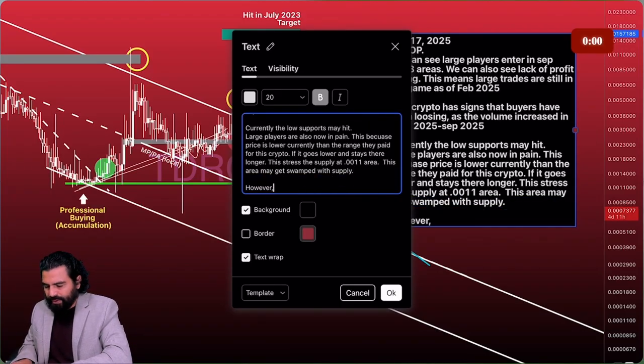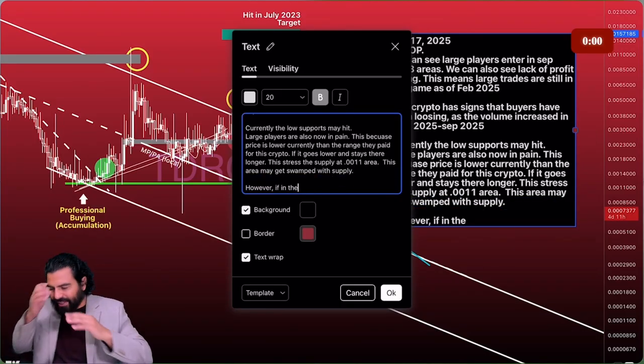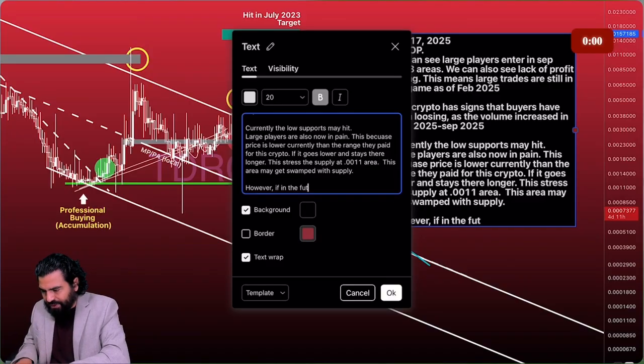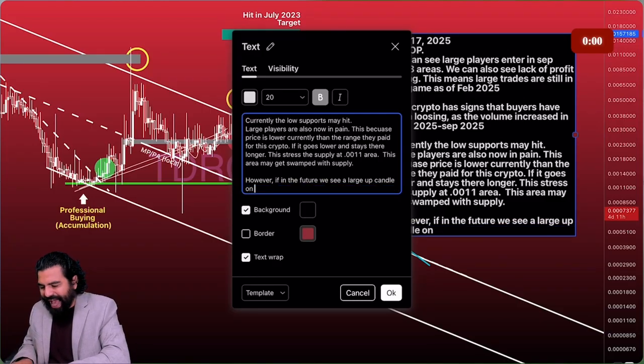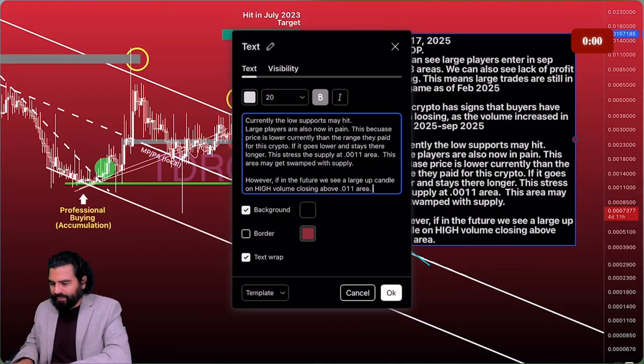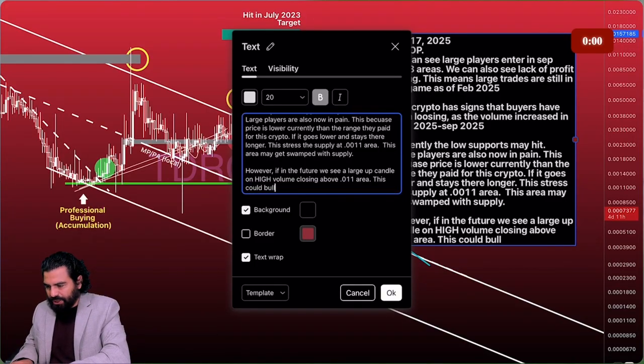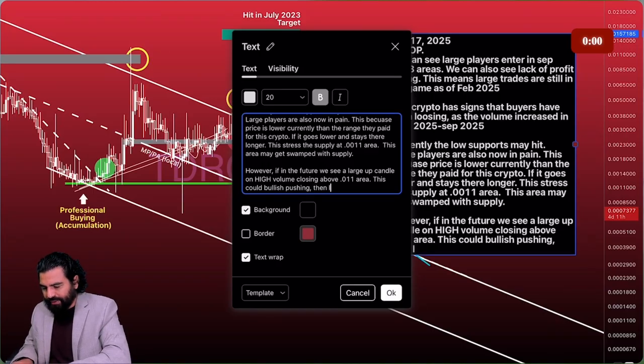However, if in the future, and this is how we can calculate years off, guys, if in the future we see a large up candle on high volume closing above the 0.0011 area, this could be bullish. Look for higher prices.